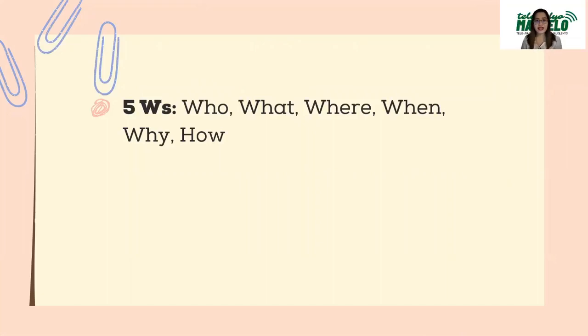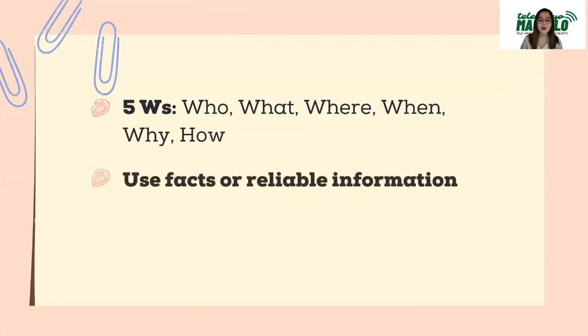So by using these guide questions, we can guarantee that we provide enough evidence or enough information throughout our informative text. And aside from that, it is also important that we use facts or reliable information throughout our text.